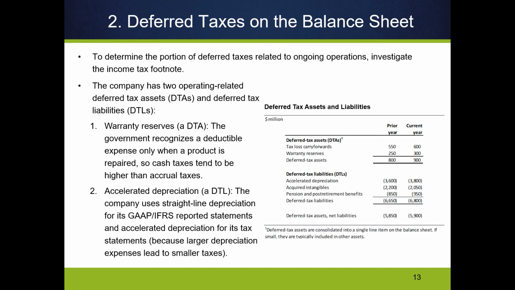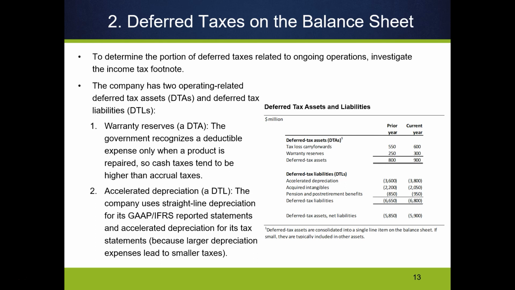But the accounting standards allow me to recognize the warranty expense right away. So I can list the expected cost of the warranty as a cost, and that will reduce my accrual base, my reported taxes. The government doesn't let me do that, and so that causes my cash taxes, my actual taxes, to be higher.